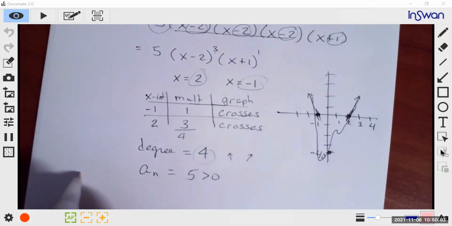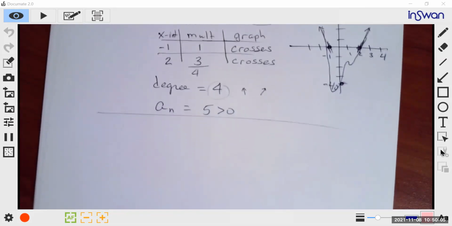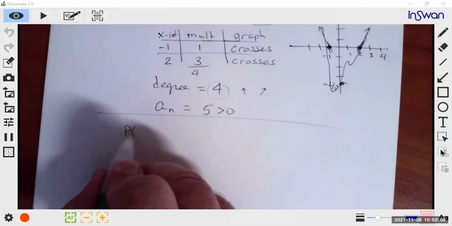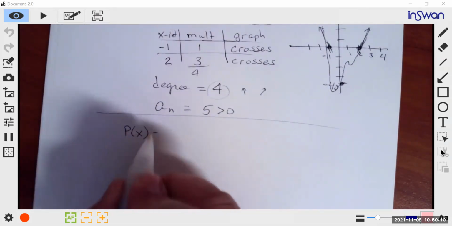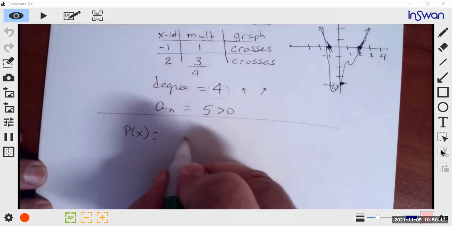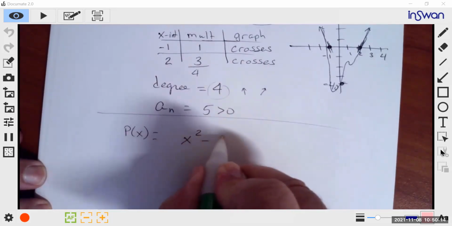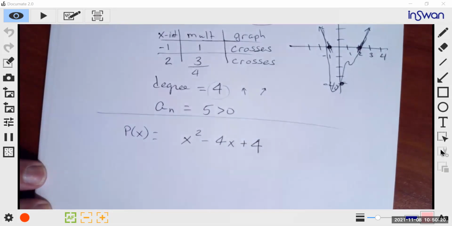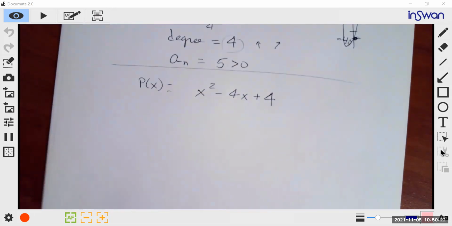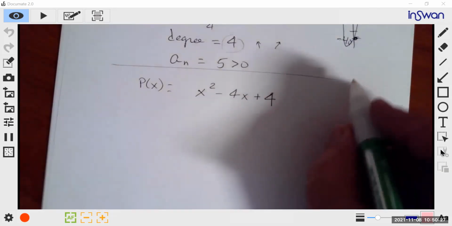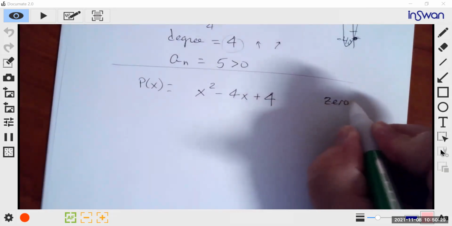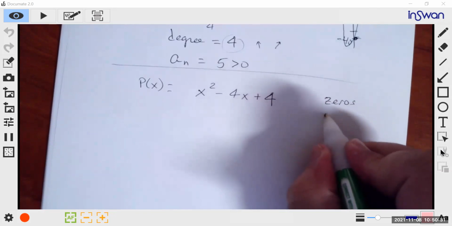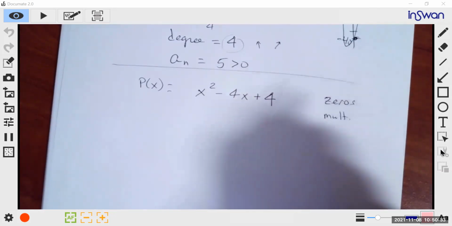All right, let's try another one. Actually, let's try this one. Tell me the zeros and their multiplicities.